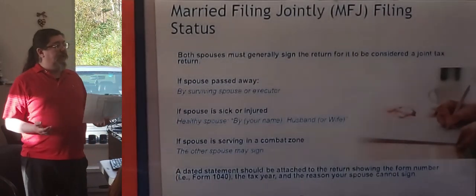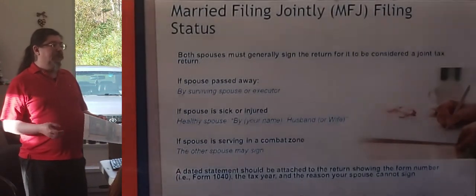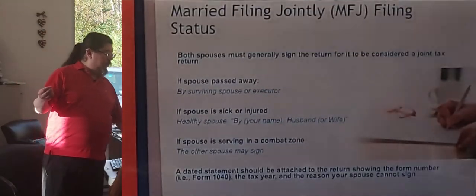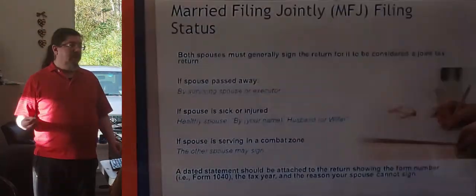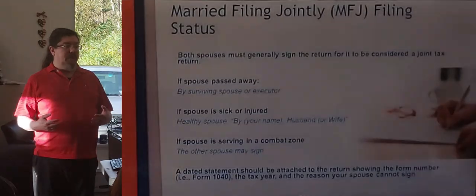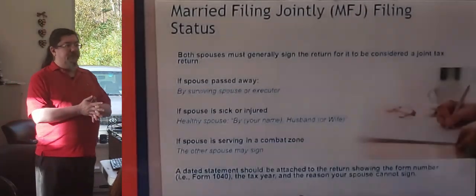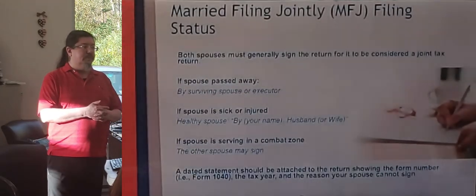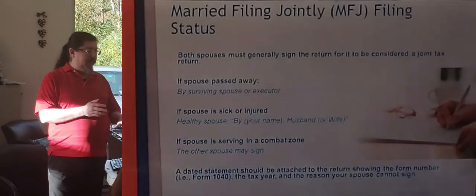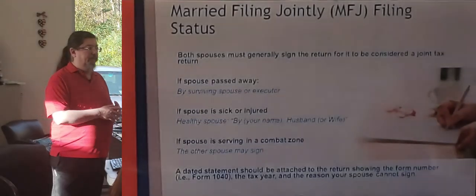But if you're going to e-file, it can be DocuSigned, so we could get someone's signature that way. But if it has to be a physical signature, then it has to be a pen and ink signature.